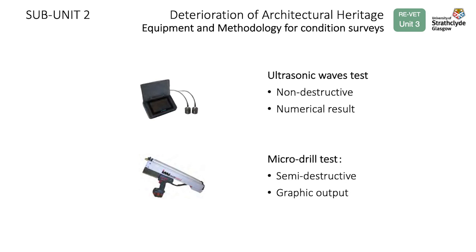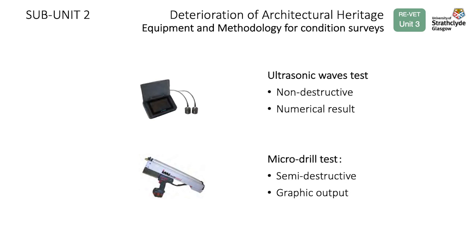The ultrasonic waves test emits high-frequency sound waves into the material, measuring the time needed for the waves to pass through the object. The micro-drill test measures the resistance of wood to the penetration of a drill at a constant rotational speed. The device traces a graph representing the resistance found during the test.